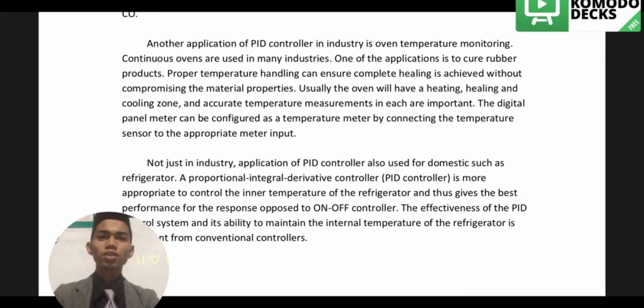The effectiveness of the PID control system and its ability to maintain the initial temperature of the refrigerator is consistent from conventional controllers.